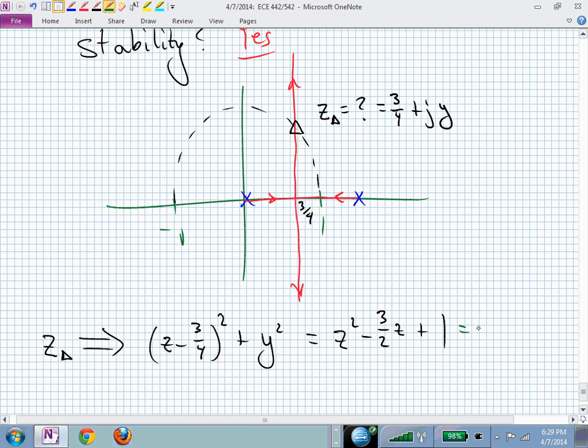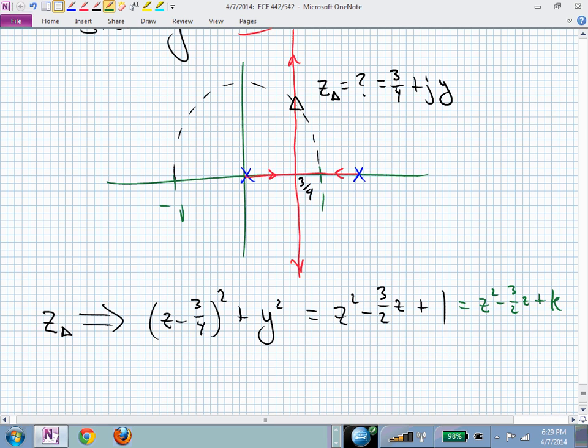We could have said, well, we also know that for this particular system, we had the closed loop characteristic polynomial z squared minus 3/2 z plus k. This is because of the unit circle.